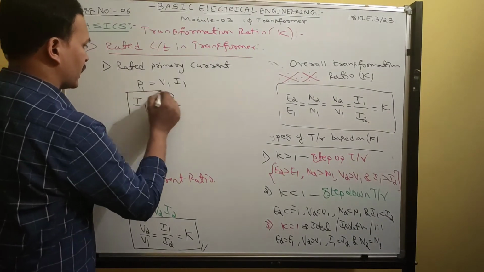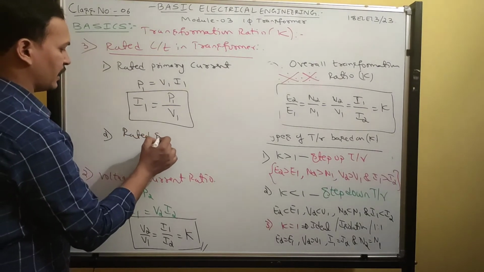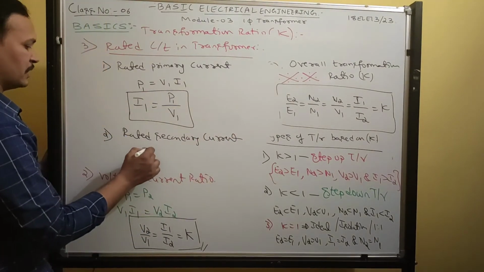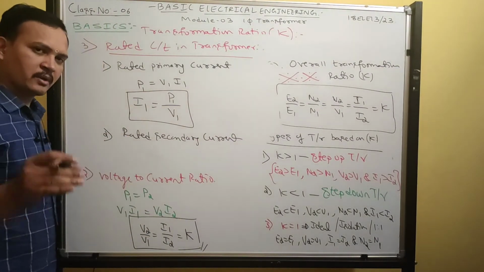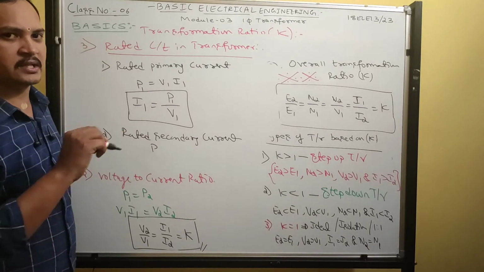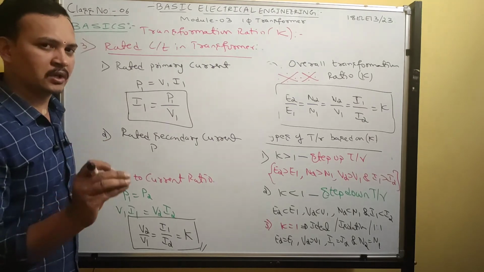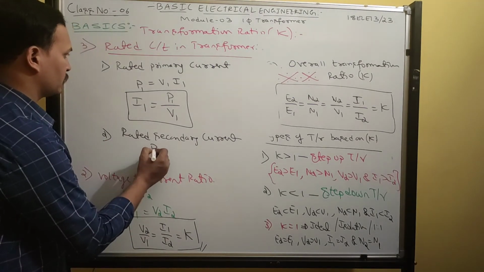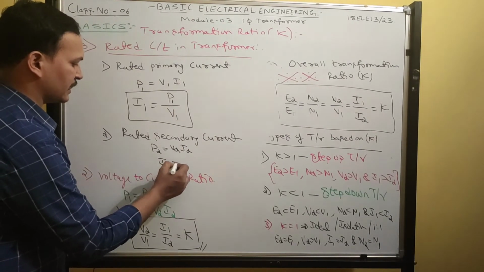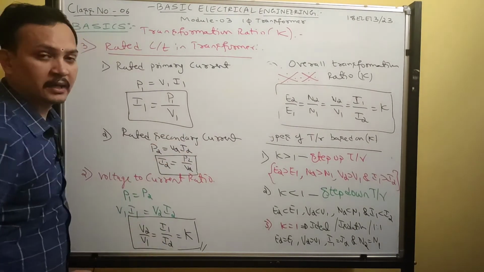Next, another one is rated secondary current. In a transformer, primary power and secondary power will be the same, as far as first year is concerned. In advanced topics they are almost equal but not exactly equal. So P2 equals V2 into I2. Now the secondary rated current is P2 divided by V2.